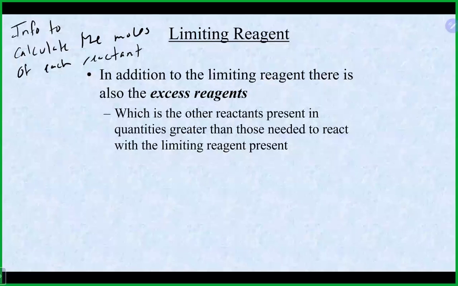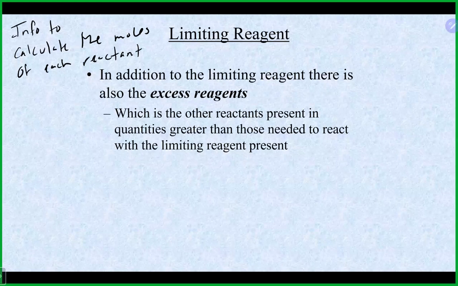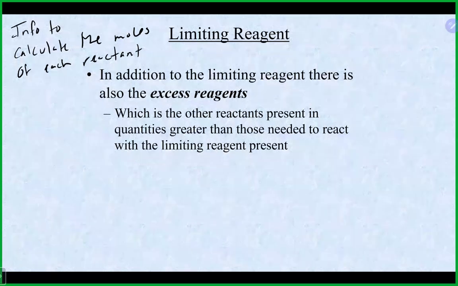So if you come across a problem that looks like a stoichiometry problem, and they give you enough information about both reactants that you could very easily convert them into moles, it definitely is a limiting reagent problem. Now, if you think about the problems that we did previously, we were pretty much only given one piece of information, one reactant. There was no way to calculate the moles of the other. So those are basic stoichiometry problems. But if you come across a problem where you could definitely get to the moles of each reactant, that is the biggest tell that it is a limiting reagent problem.